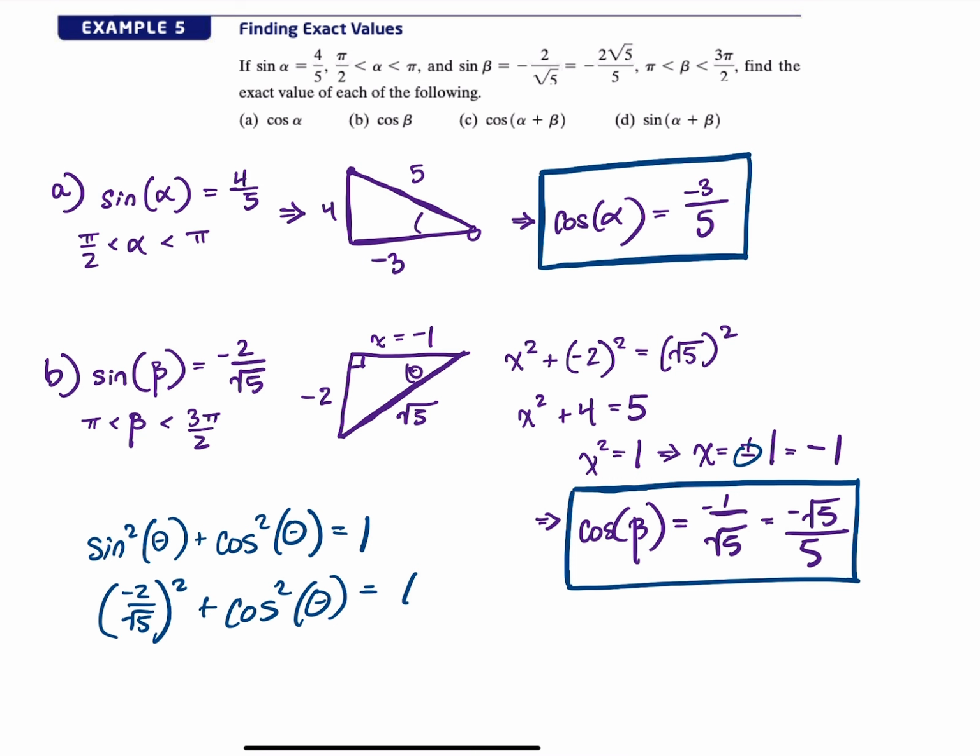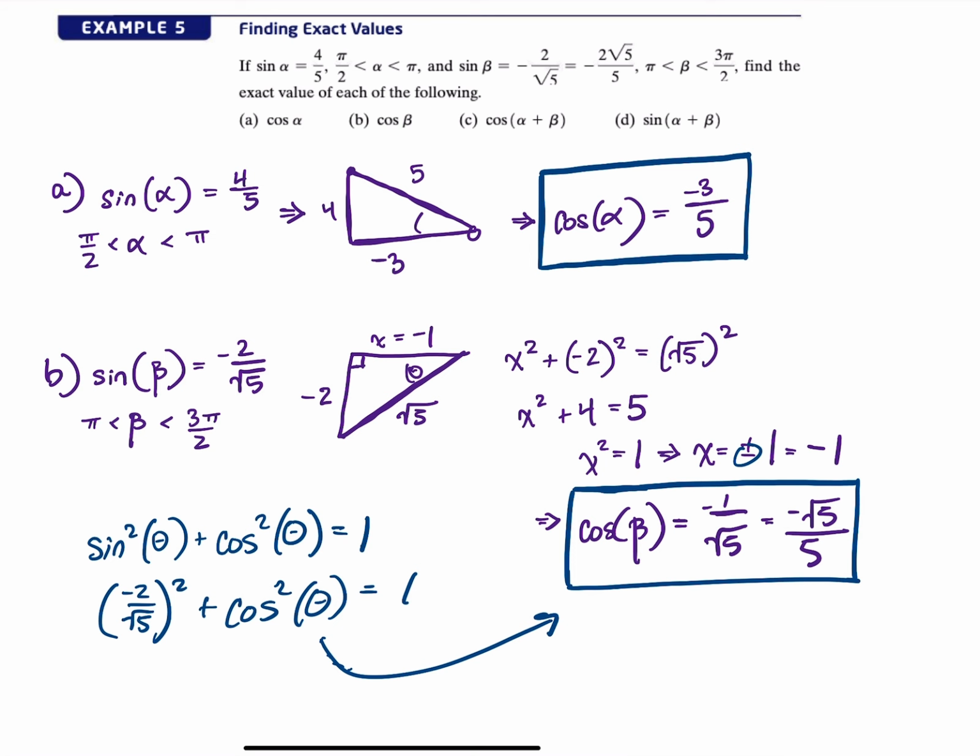So if you do that, you should end up with the same result. We'll still get a plus or minus when you take the square root of both sides, so we still need to consider which quadrant we're in to decide if the cosine will be positive or negative. And here, since we're in the third quadrant, cosine should definitely be negative. So I just want to add that alternative way that we can get this. You wouldn't have to build a triangle, but ultimately we are doing the same thing, just in a slightly different form.